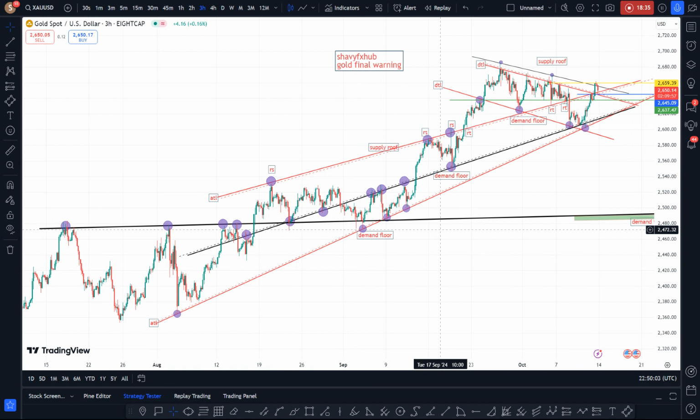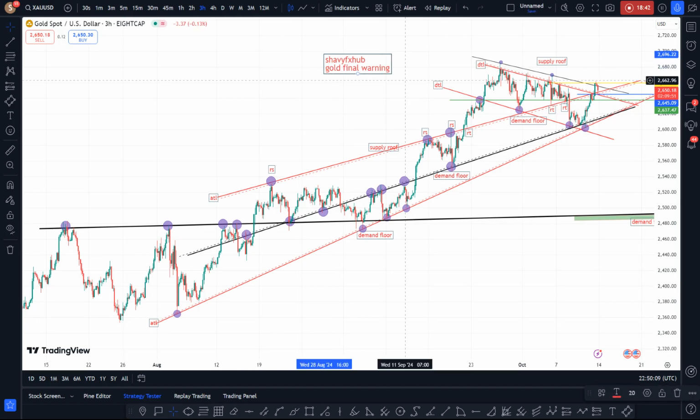And we open the market in profits. Based on the strategy, we opened sharply in profits and we closed. Price did exactly what I expect, correction and a drop into 2,645.09, where we have a temporary support backed by double confluence, an ascending trend line, a previous supply roof turn demand floor, a break of the resistance structure.